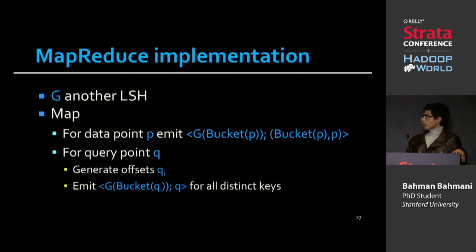And for each query point Q, we generate all the offsets, and we compute these G values of the buckets of Qi, and we emit one such key-value pair only for the distinct values of these keys. So we may have 100 offsets, but they may generate only 5 distinct values here. So we'll only output 5 key-value pairs here.